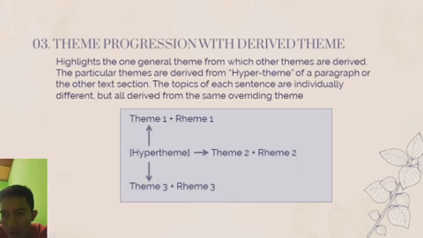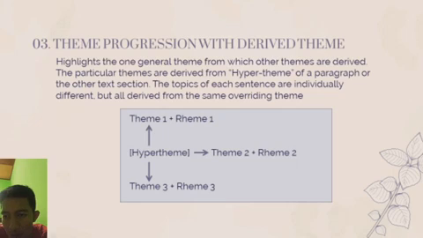Well, the hypertheme in this lesson can be defined as a clause or a combination of clauses that predicts the main pattern of the clauses that conduct the method of the text.